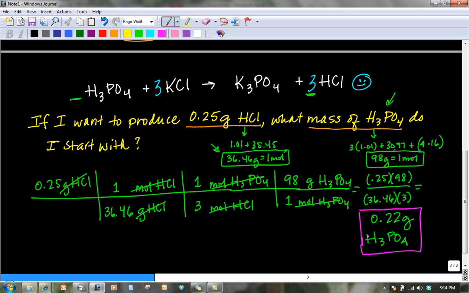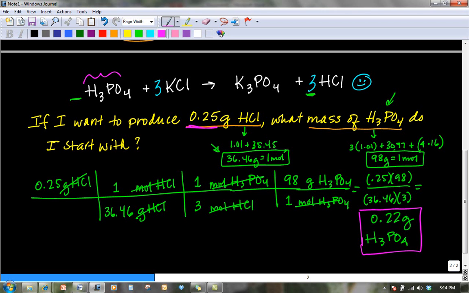What this answer means is that if I want to produce 0.25 grams of hydrogen chloride, then I need to react 0.22 grams of hydrogen phosphate with enough potassium chloride in order to get that 0.25 grams of hydrogen chloride.